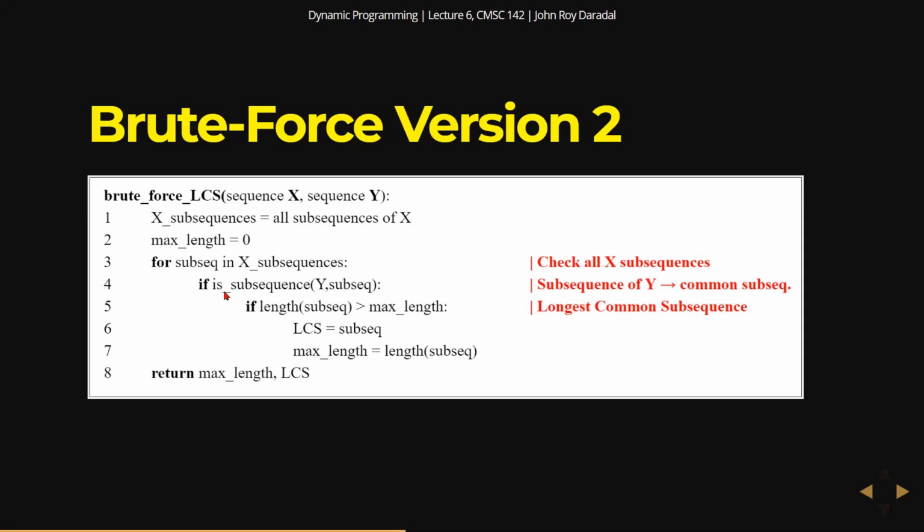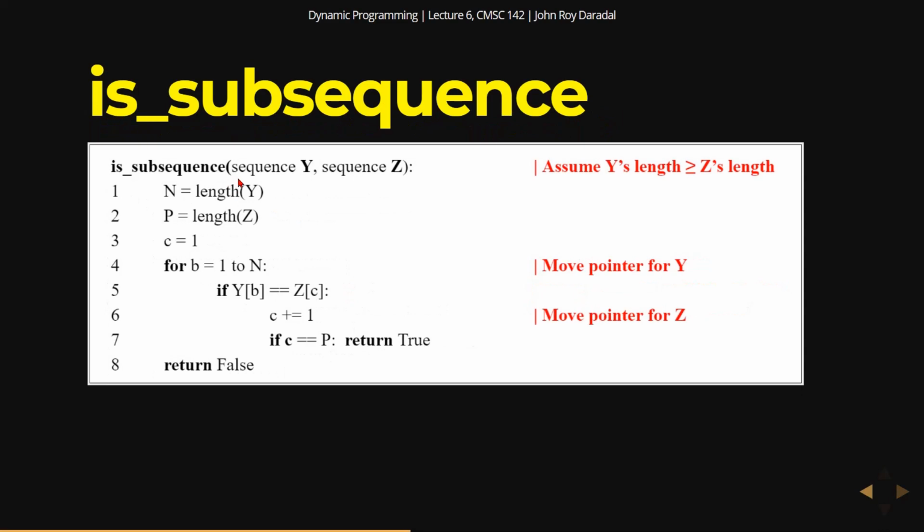So we can improve it by just finding all subsequences of x. But we have a new procedure, or a new function, isSubsequence. For isSubsequence, it will look something like this. It will just check whether z is a subsequence of y.